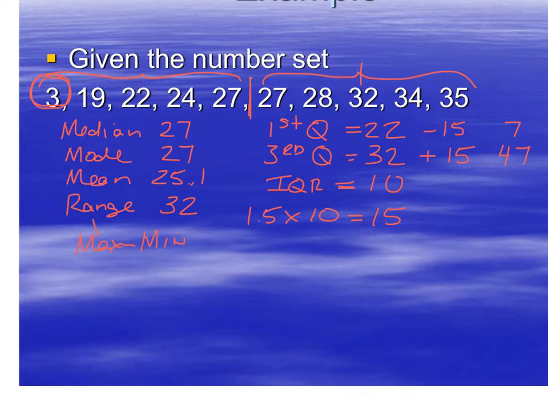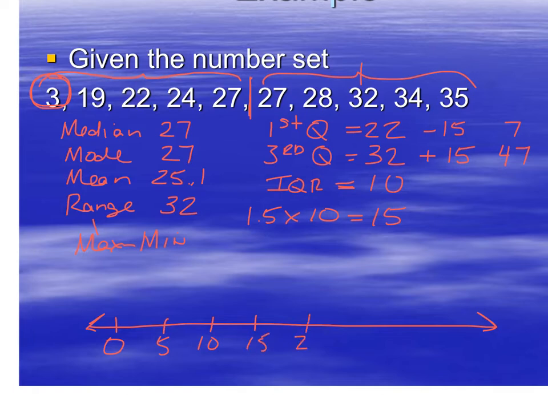If I was to make a box and whisker plot for this one, I would set up a number line. I would scale it. I'm just scaling this one by 5s, making sure I include all the data. And then I would have a box from my first quartile, which is 22, about right there.